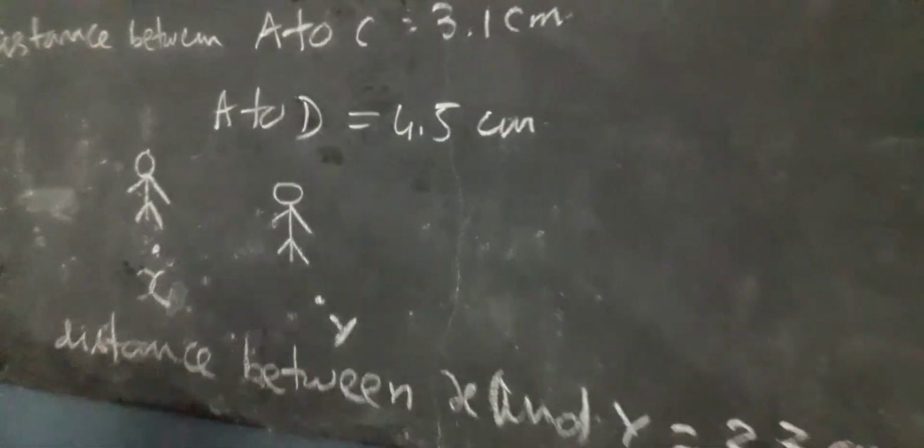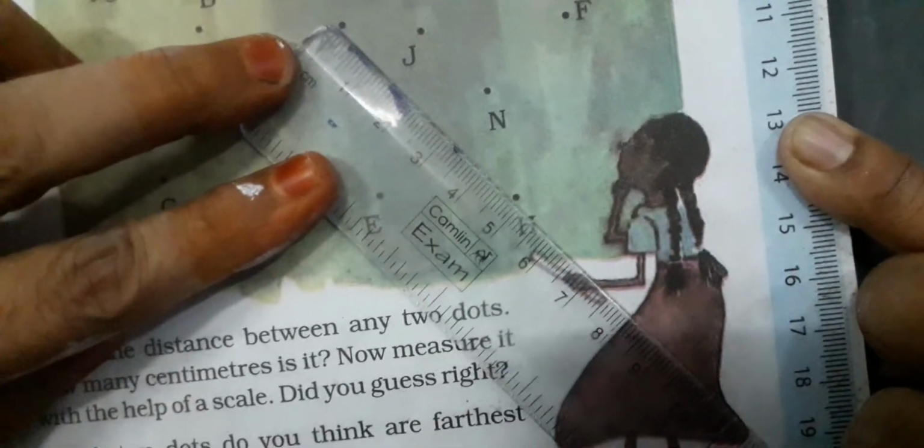Then let us see your book. The question is given: guess the distance between any two dots. How many centimeters is it? Now measure it with the help of the scale. Did you guess right? I am taking A and H. See, A dot is here and H dot is here.